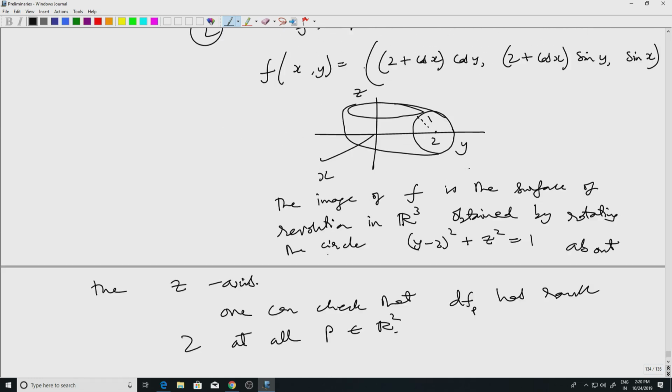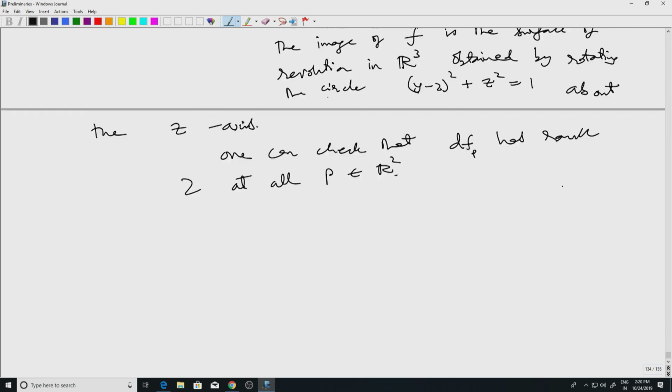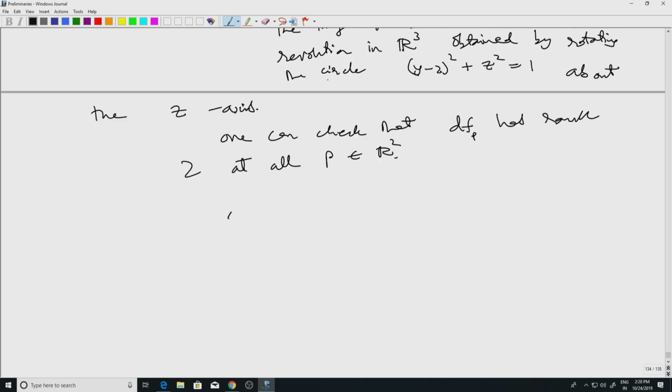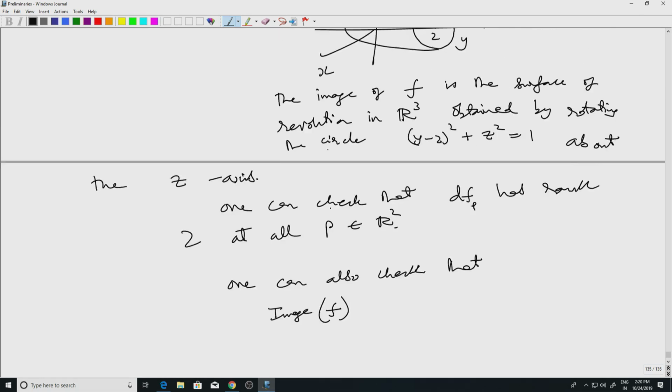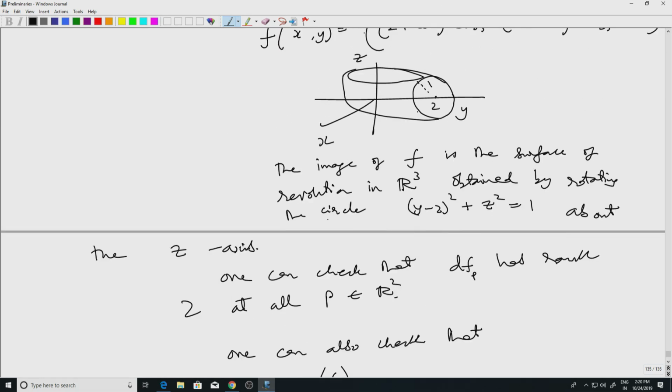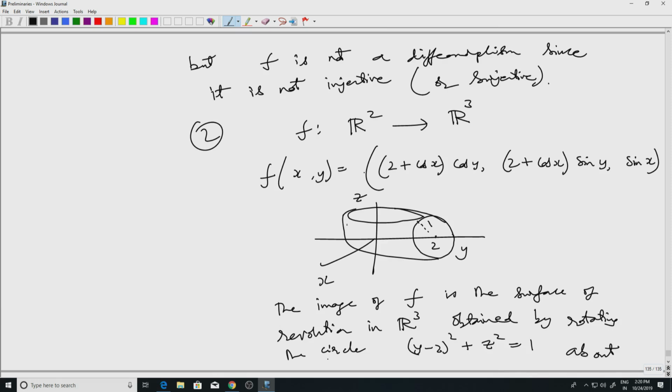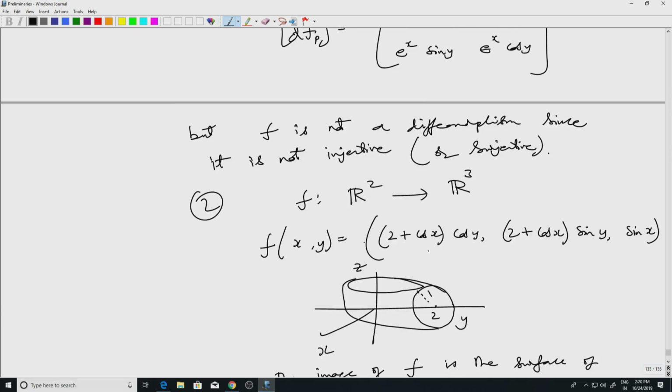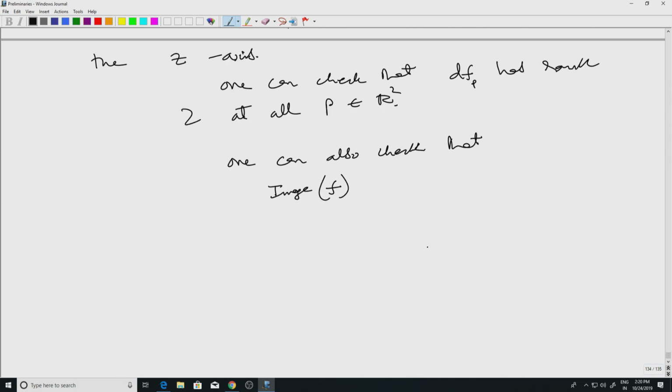Well, the interesting thing is that this surface of revolution, I'll just remark that one can also check that the image of f, which is this surface of revolution, is actually just the two-dimensional torus which is defined as a product manifold.